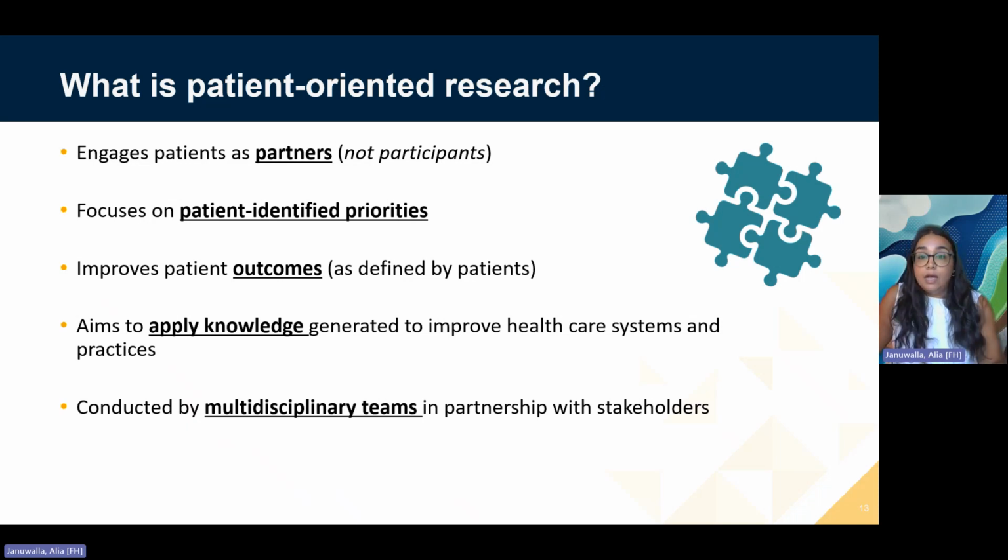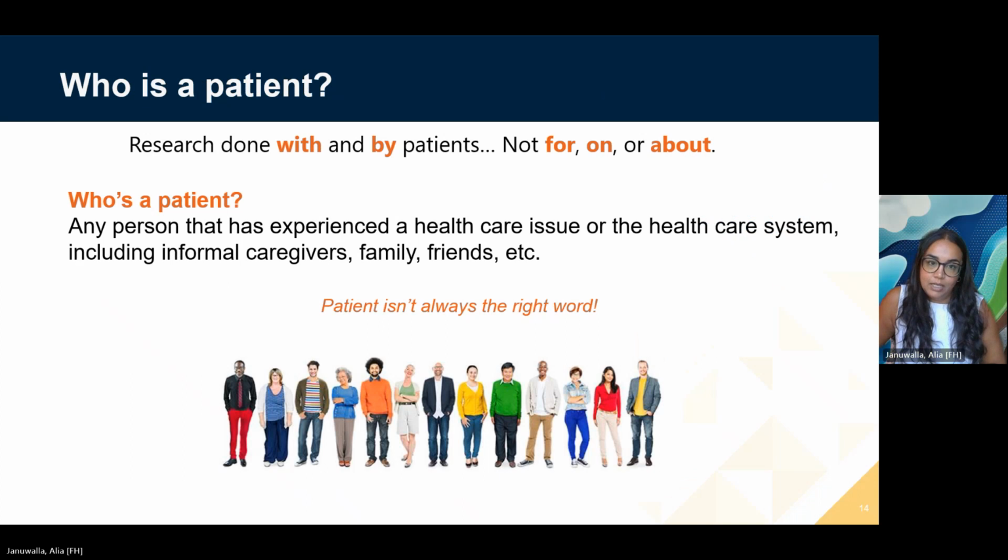Clinicians, other allied healthcare professionals, other healthcare providers, academic researchers, decision makers, administrators, evaluators, and of course, patient partners, caregivers, family members, etc. And so again, what we mean is that research is done with and by patients and not for, on, or about.